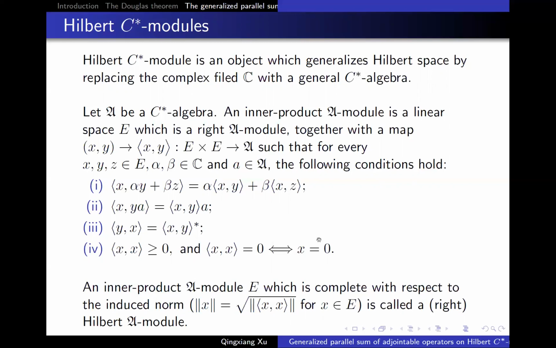And if the inner product module is complete with respect to this norm, then this module is called a Hilbert C* module. Usually, we just consider right modules. So here, Y is taken in E, and A is taken in the algebra A. This is the right module. Of course, we can also consider left modules.